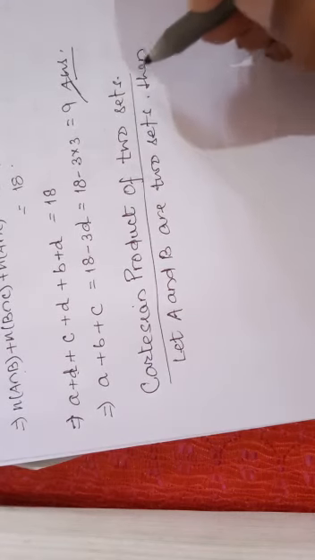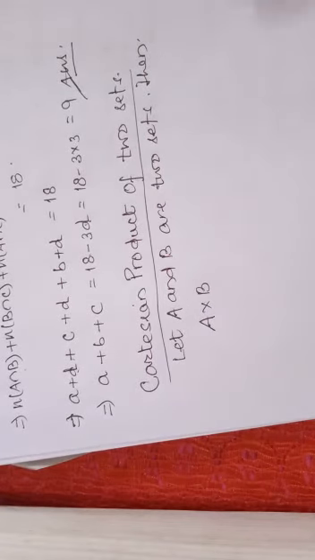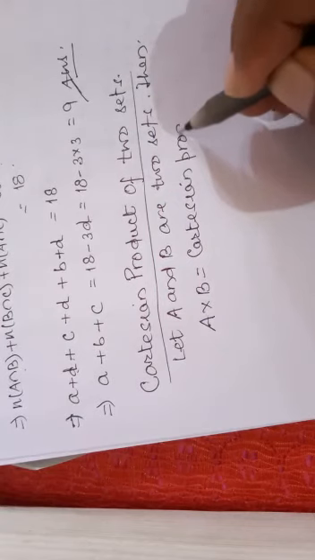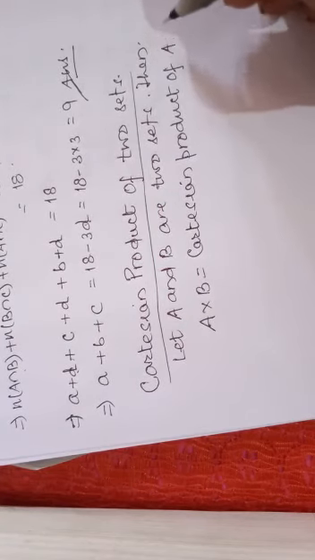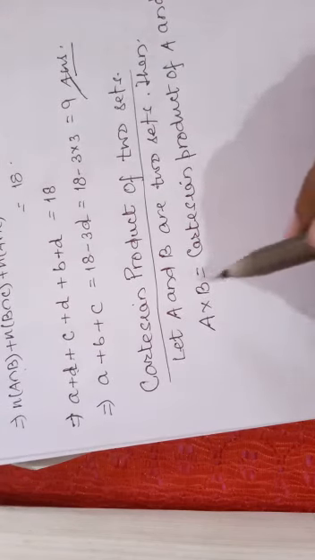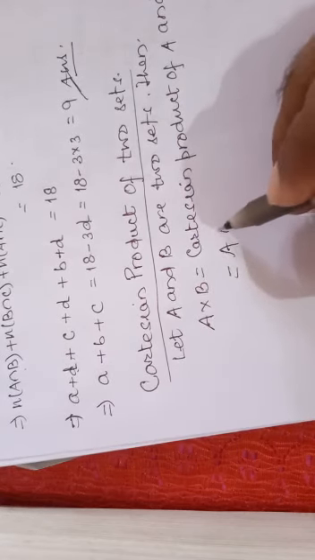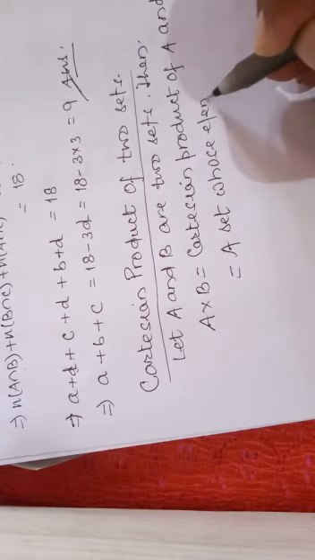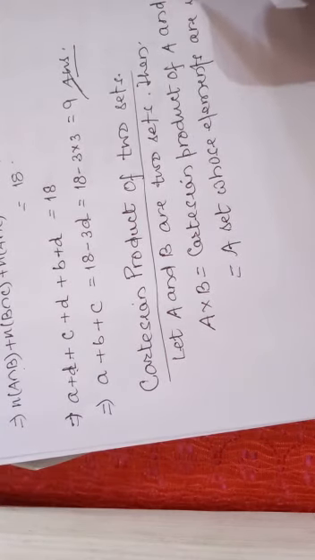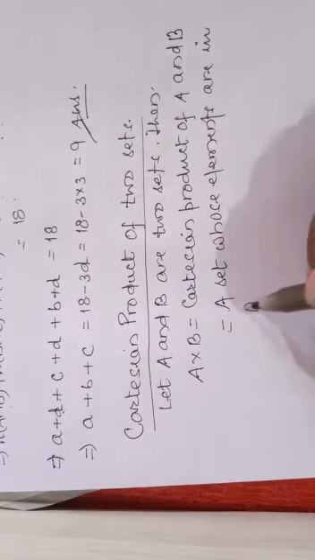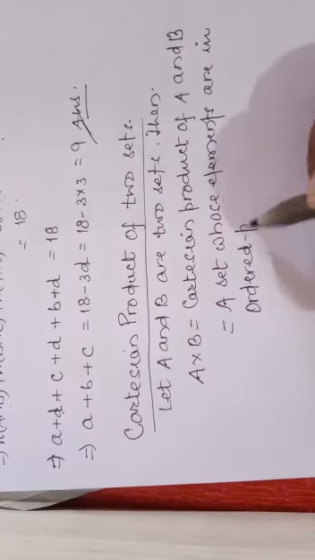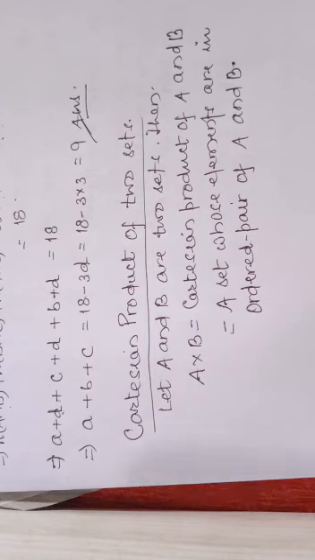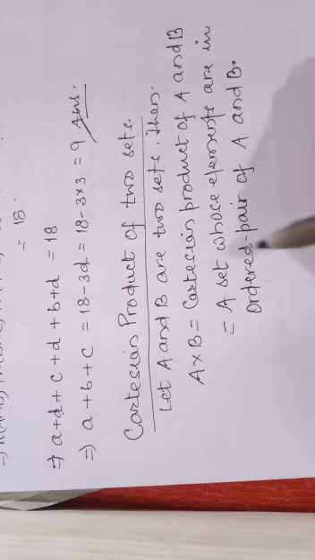Then A cross B is called the Cartesian product of A and B. A cross B is also a set whose elements are ordered pairs of A and B. So the elements of A cross B are in ordered pairs.